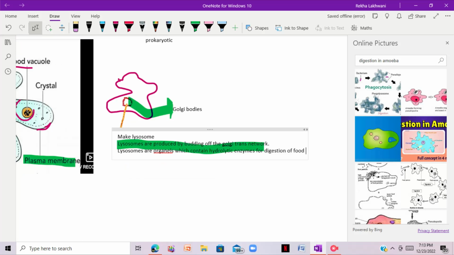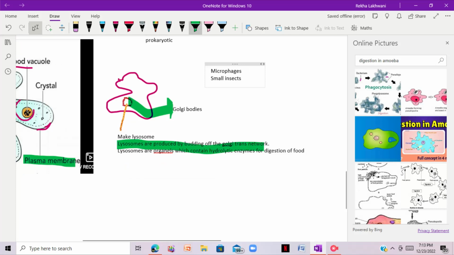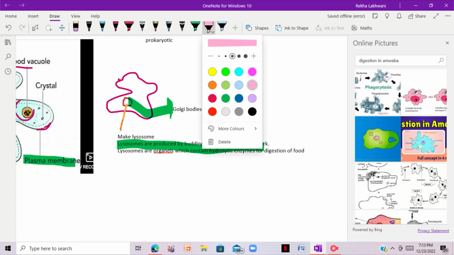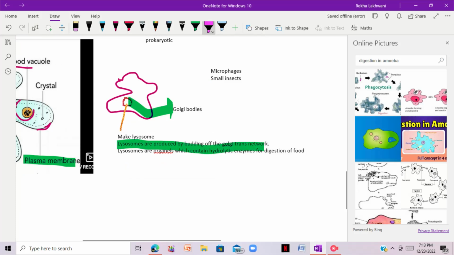How the food travels inside the cell is known as endocytosis. For that there are two methods: number one is phagocytosis, and the other is pinocytosis.